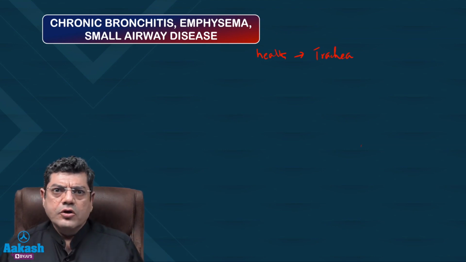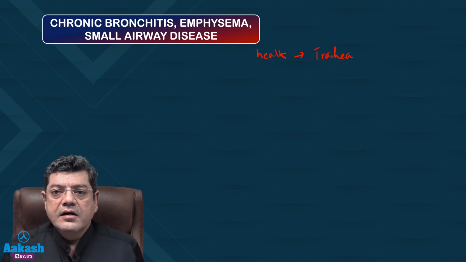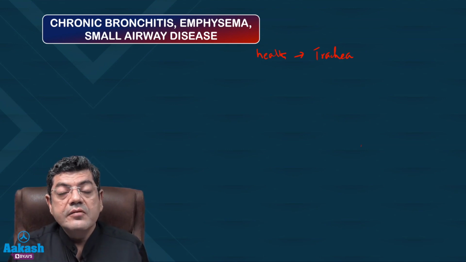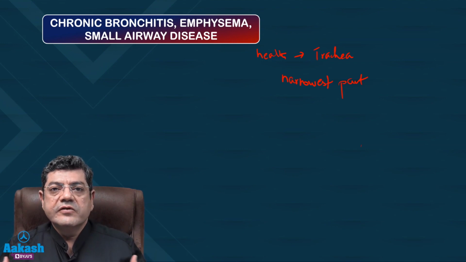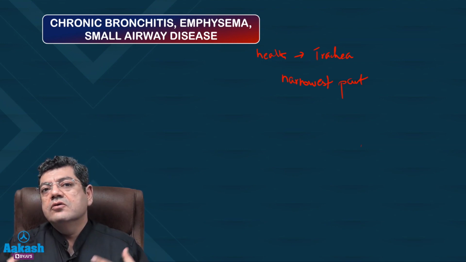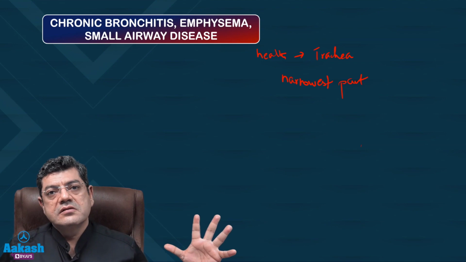Why? Trachea is huge, right? Trachea is wide, but for all the air that passes through it, it is the narrowest part of the airways. All 500 ml of a tidal breath must pass through the trachea. Then it gets distributed first into both lungs, then into all the small airways, right?